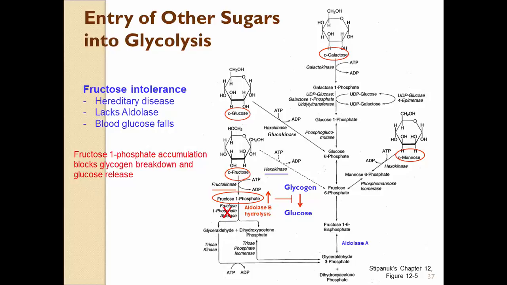So during the fasting, we need to break down glycogen, right, to raise blood glucose level. And if we don't have this enzyme, then the glycogen cannot be broken down to release glucose.